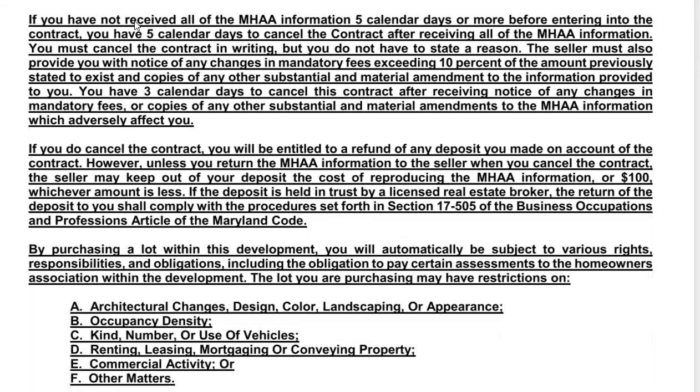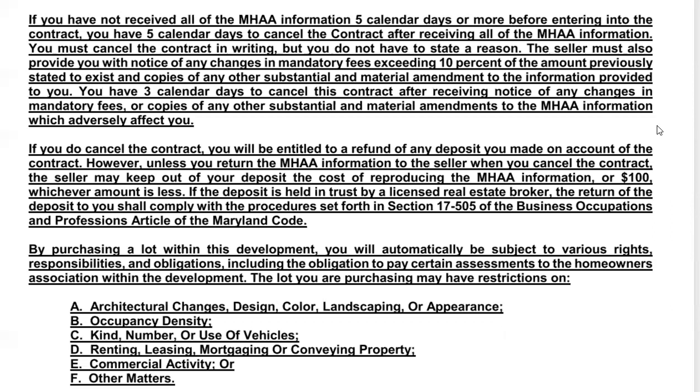Now, so long as you didn't receive these documents at least 5 days prior to entering the contract, the buyer has a right within 5 days from receiving these documents that they can cancel the contract in writing, and you do not have to state a reason. This is a very, very important right that the buyer has if there's an HOA regime on this property.